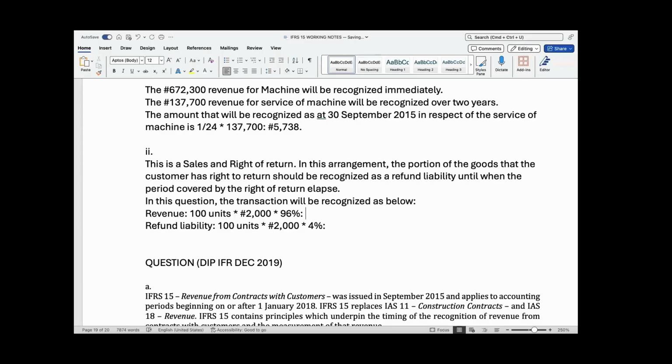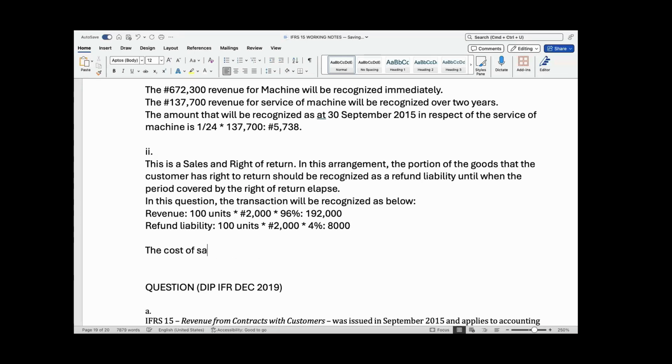Can you press your calculator? 192,000 for the first one. How about for the second? 8,000 naira. Okay.